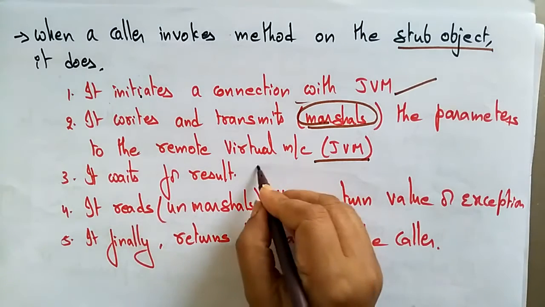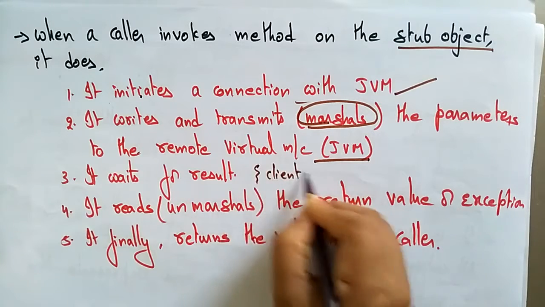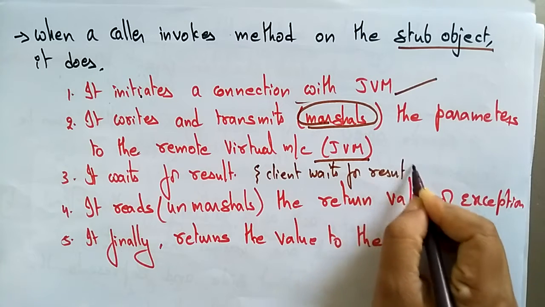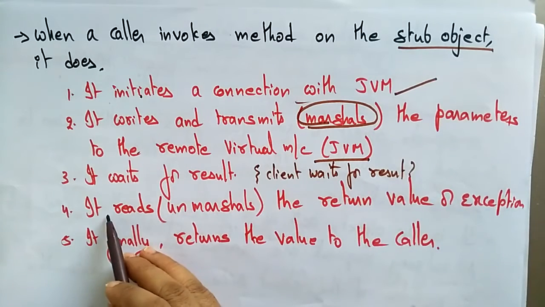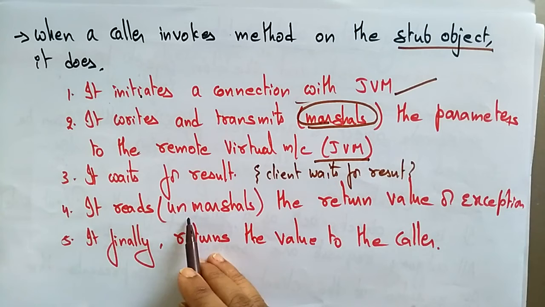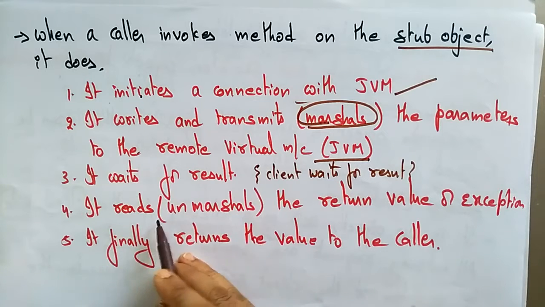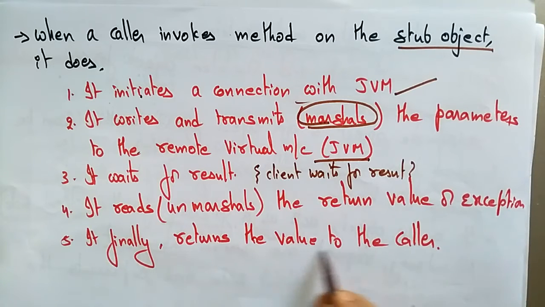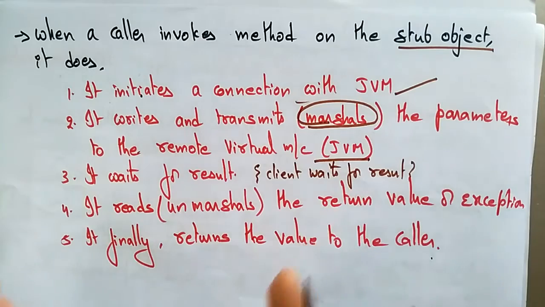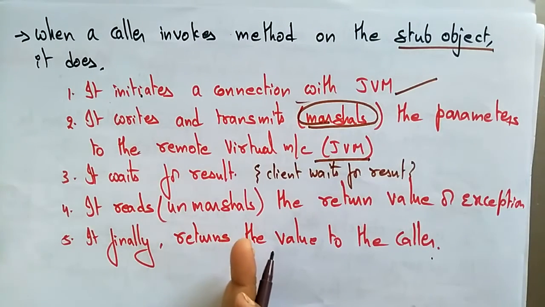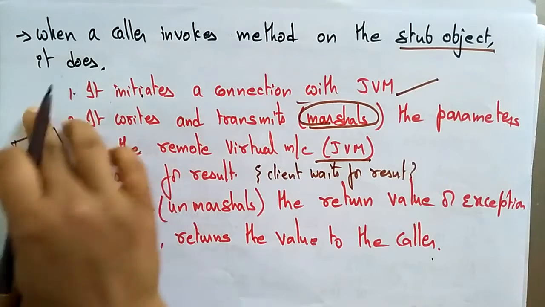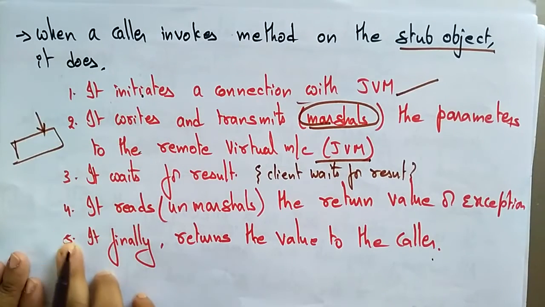Now the client is waiting for the result. Client waits for result. So after that, on this side it reads and unmarshals the return values or exceptions. It finally returns the value to the caller. So what exactly is this stub doing on the client side? The stub first sends the request to the server.